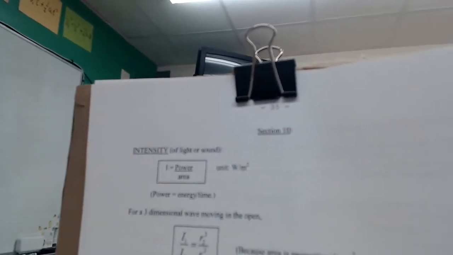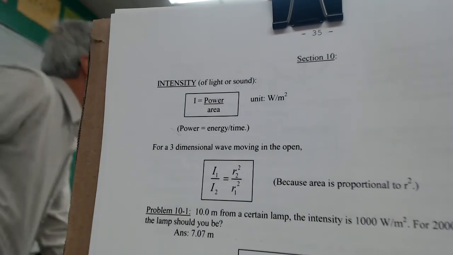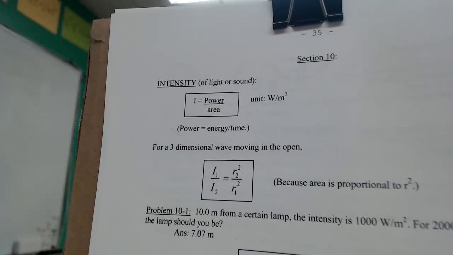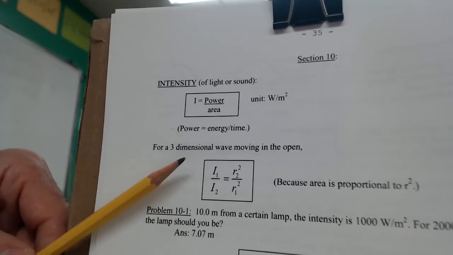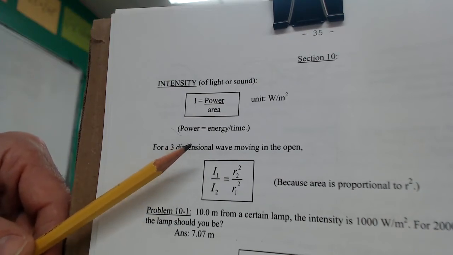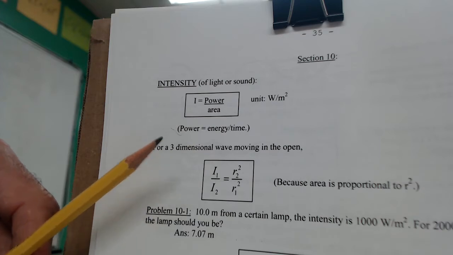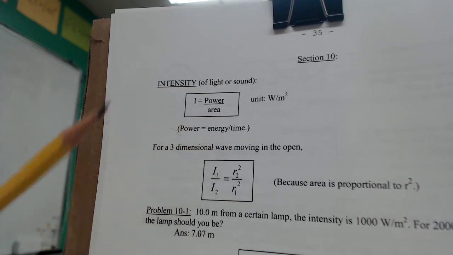So anyhow, the intensity of anything that's spreading out evenly in 3 dimensions, such as the brightness of light, the loudness of sound, drops off as the inverse square of the distance, like in the second little box here.